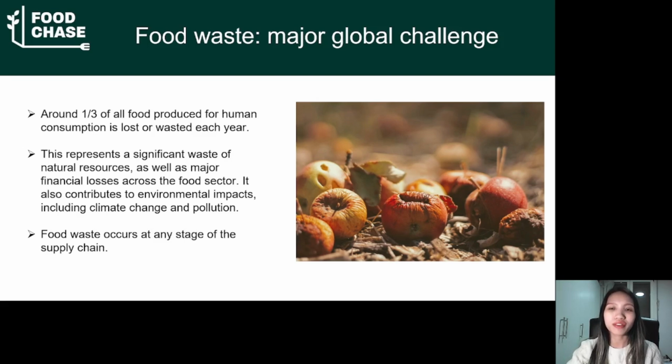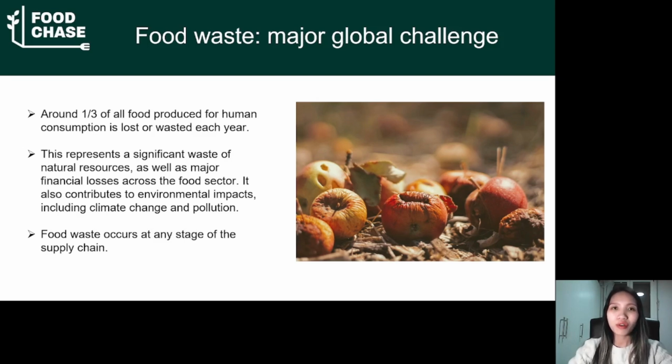This amount corresponds to 33%, which is a really large amount. This problem represents a significant waste of natural resources and it leads to financial loss and also environmental impact, including climate change and pollution.